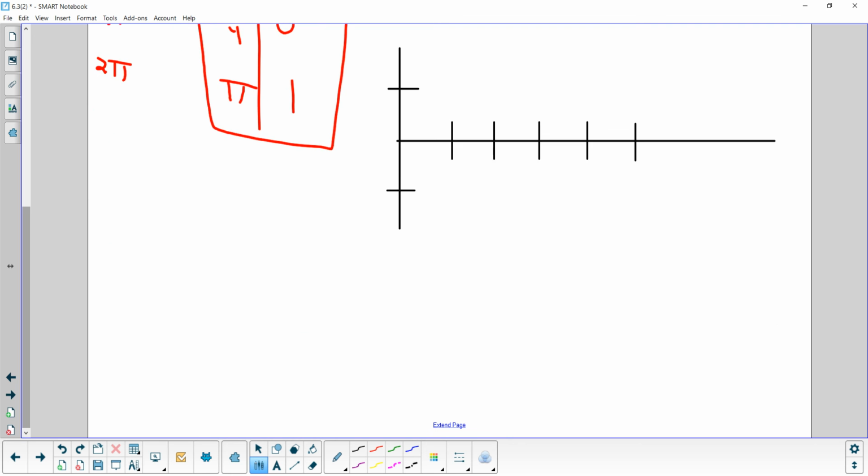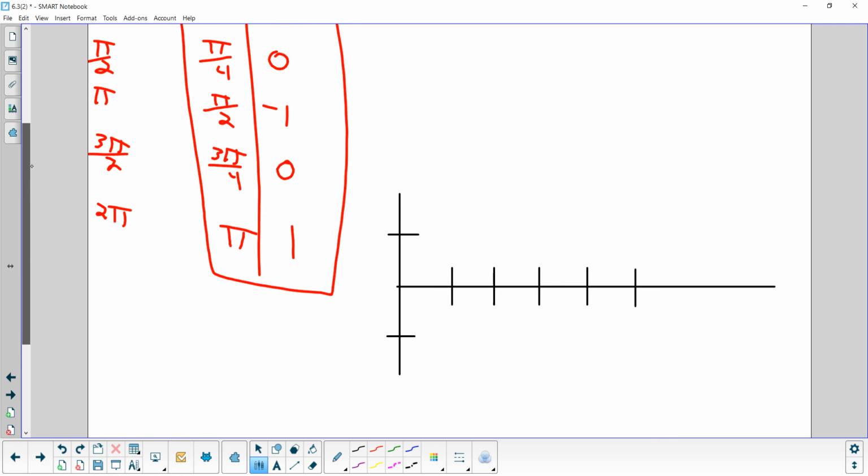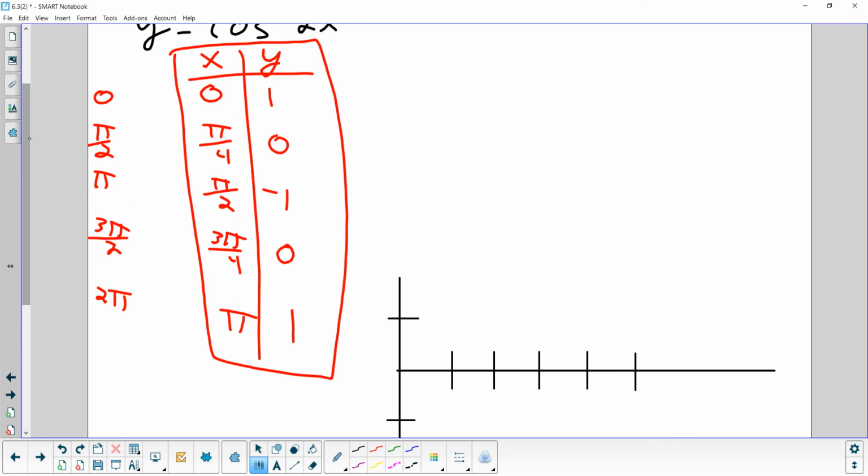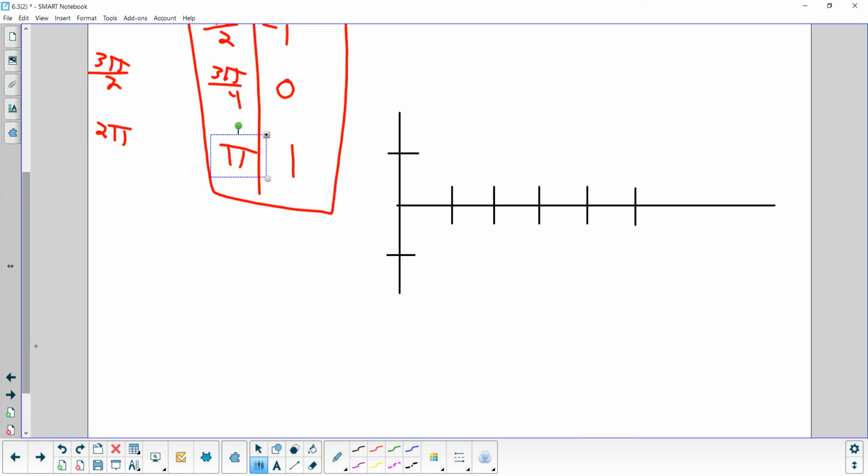Now we just make our table. So these are all equally spaced. They're all 45 degrees apart. That's 0, 45, 90, 135, 180. So we can use those as our labels.